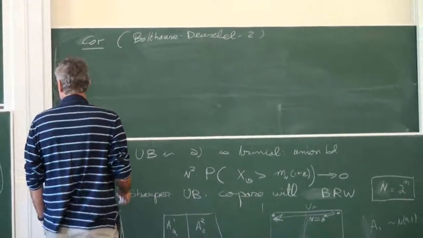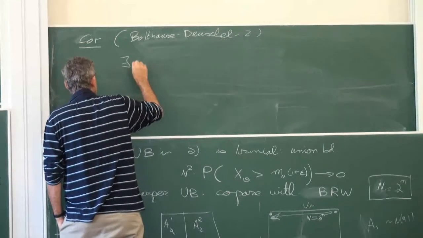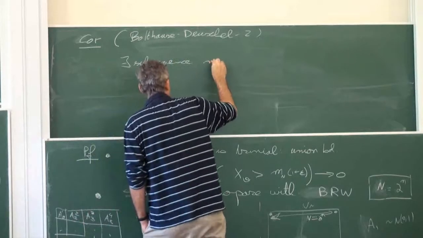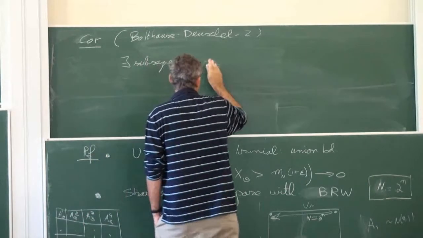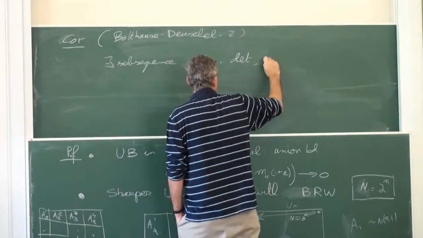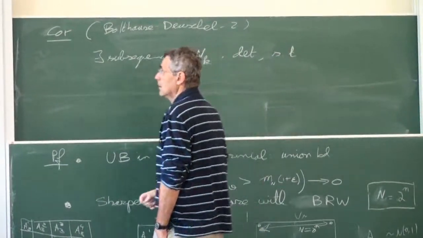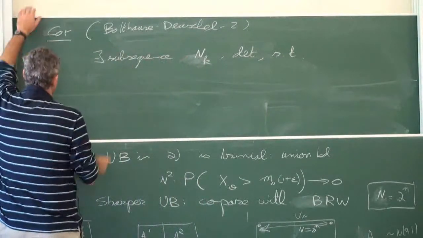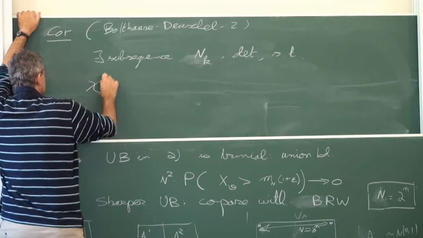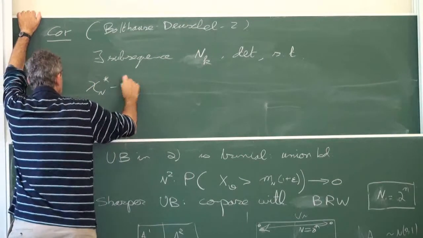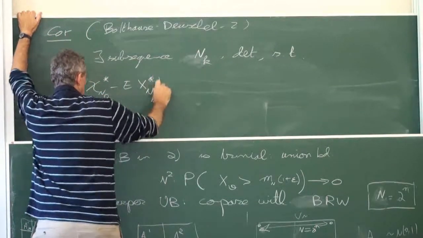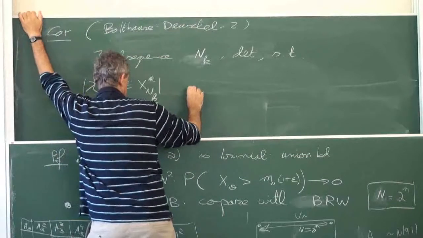What you conclude from that is there exists a deterministic subsequence n_k such that X_{n_k}^* minus E of X_{n_k}^* is tight.